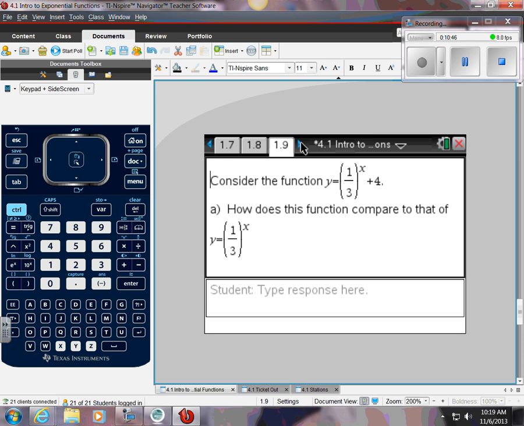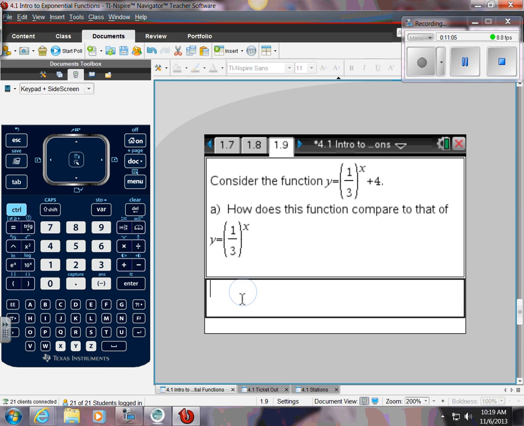Okay, so where is that going to move it? Up. How many units? 4. We talked about asymptotes before, right? What's going to happen to my asymptote? It's going to move up 4. Okay, so everything is going to get shifted up 4 units. Good. So this is a vertical translation of 4 units up.